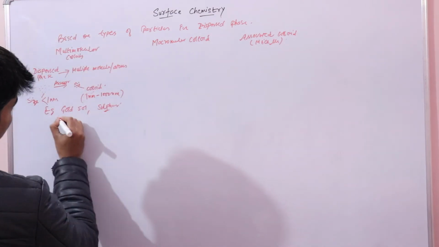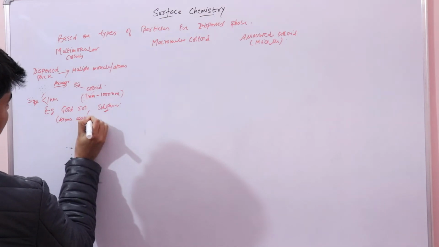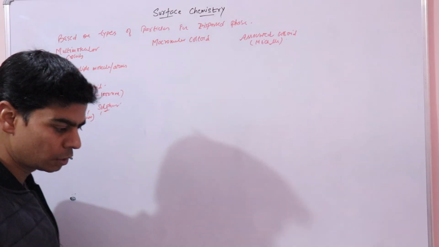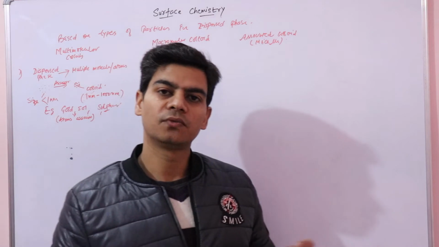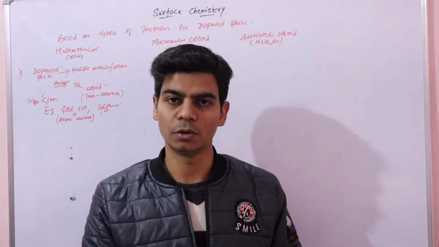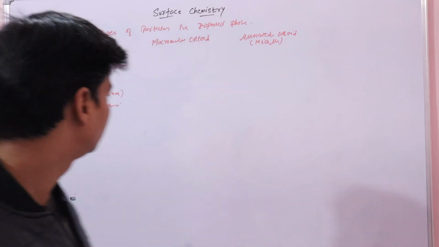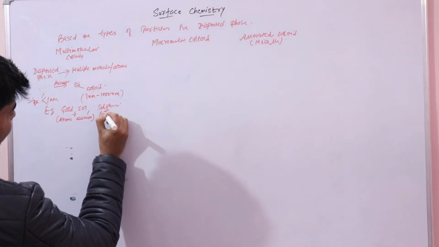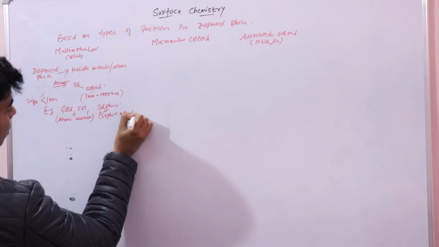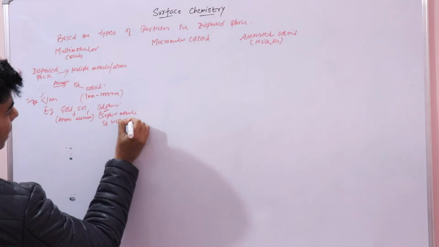Similarly, sulfur sol is formed when multiple sulfur molecules, S8 rings of sulfur, will come close together and associate to form particles of colloidal size. So here sulfur molecules which are S8 rings will associate.